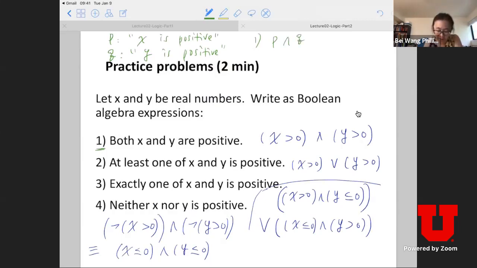So both of them are positive. The second one, at least one of them is positive, is going to be P or Q. And I'm going to challenge you, take home, to study what the situation is going to be for 3 and 4 if I'm using P and Q to represent the statements X is positive, Y is positive. What is the corresponding expression for 3 and 4?